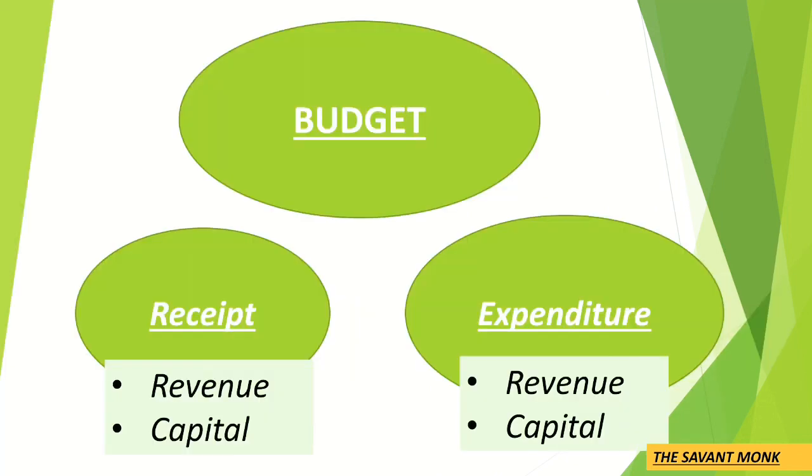I hope all these things are clear to you. What is budget, that we discussed in the last lecture. What is budget receipt? What the government is getting in a financial year is budget receipt, revenue receipt, okay, and what are its components? Capital receipt, then budget expenditure, revenue expenditure, and capital expenditure, all are clear to you. So what were your revenue receipts?